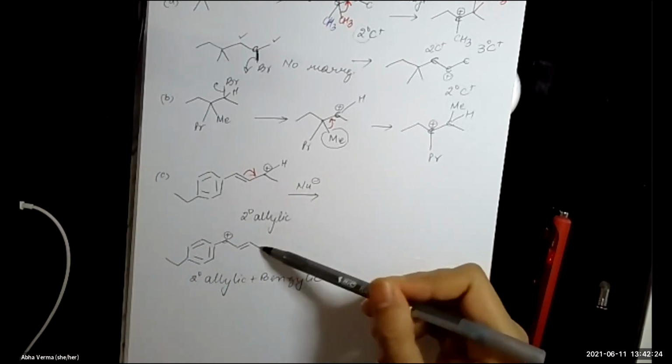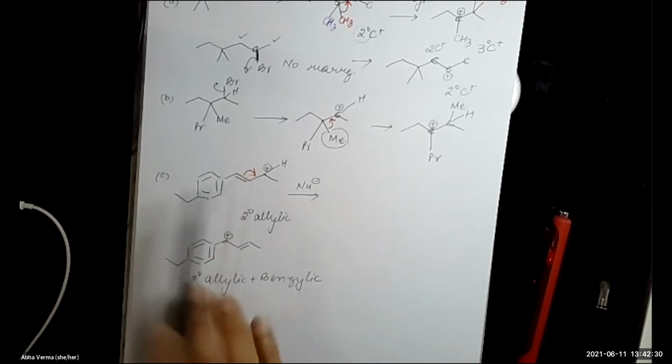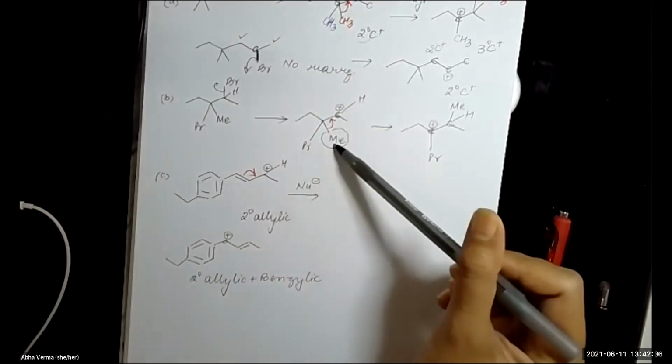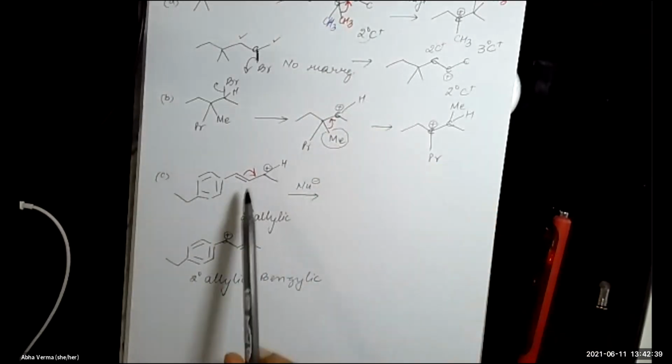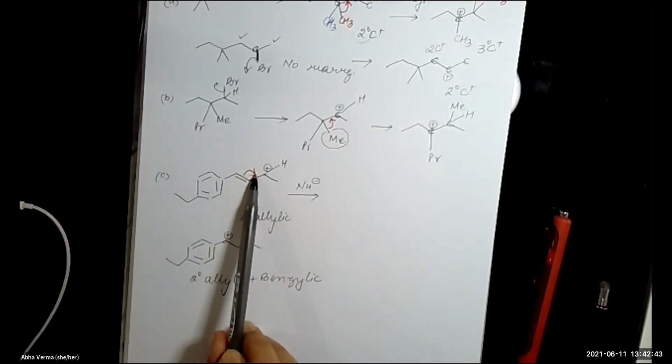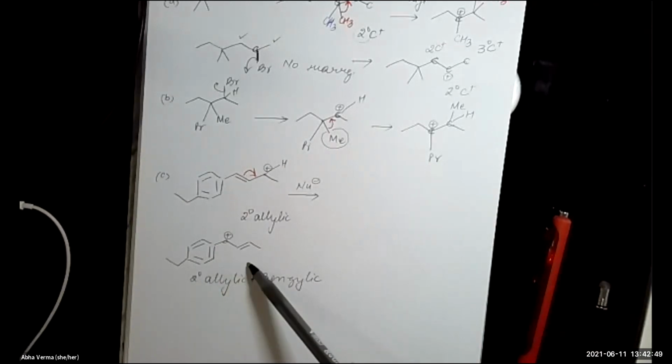Do you all see the difference? So this part is resonance. This is not a shift. A shift is where your atoms are moving. This is just plain resonance. By resonance, you created another resonating structure, and this resonating structure is even more stable.